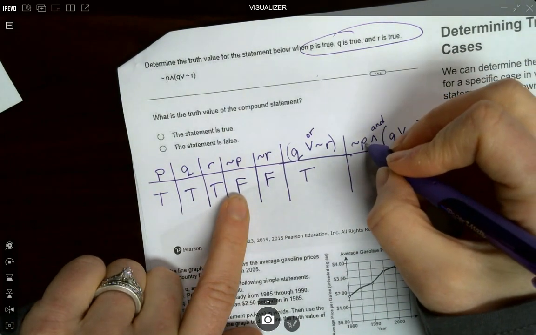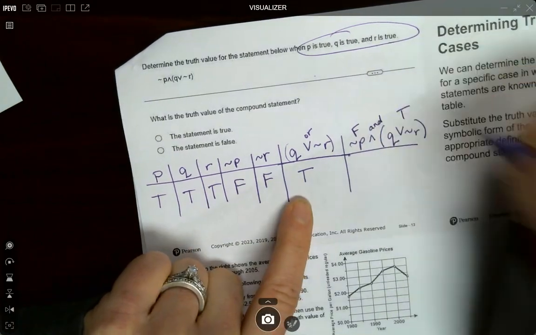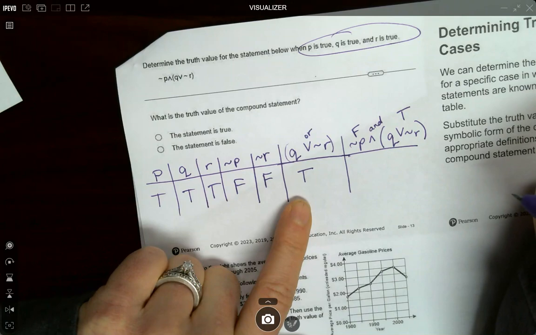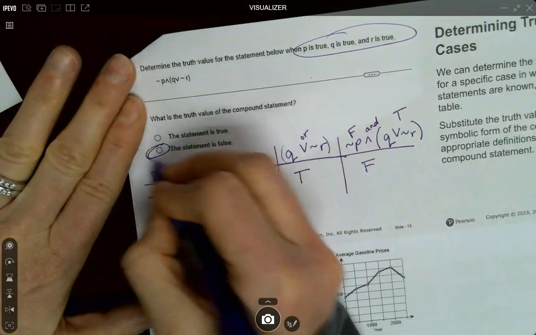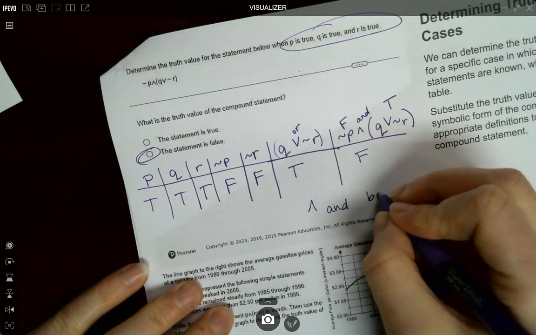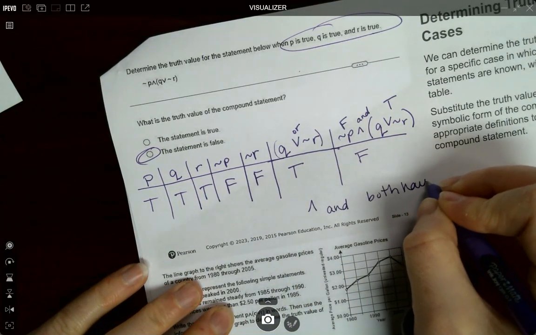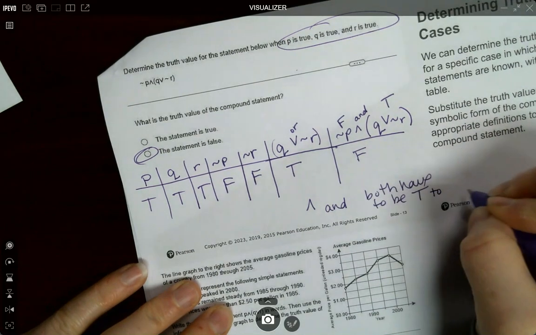So negation of P is false, and true. And means they both have to be true. So this isn't true. So this statement is false. So remember, and, both have to be true to be true.